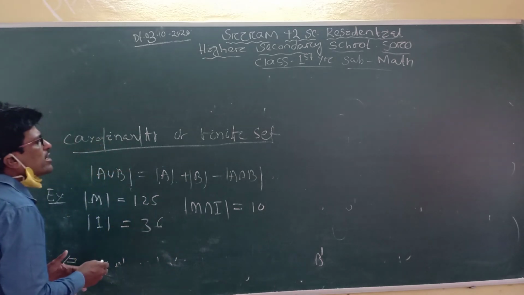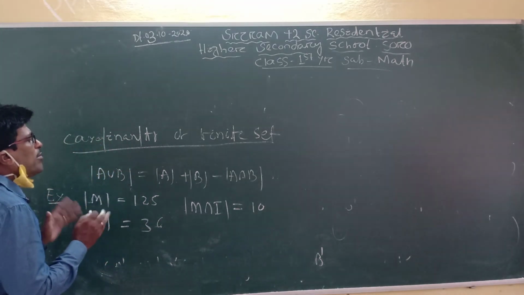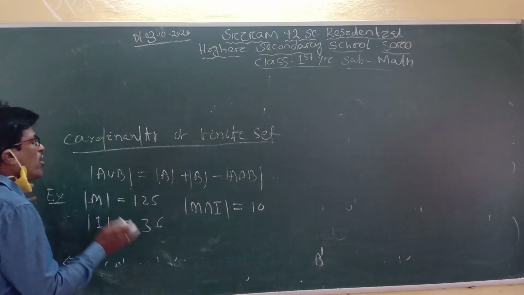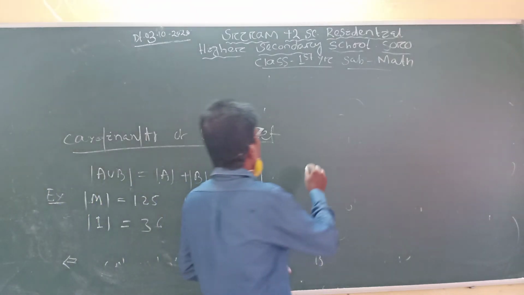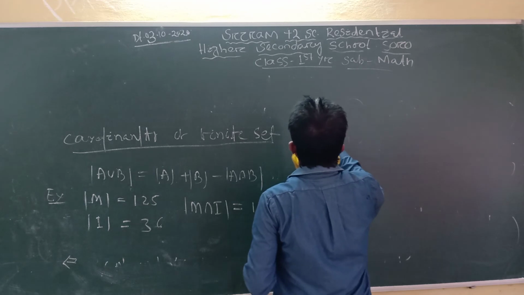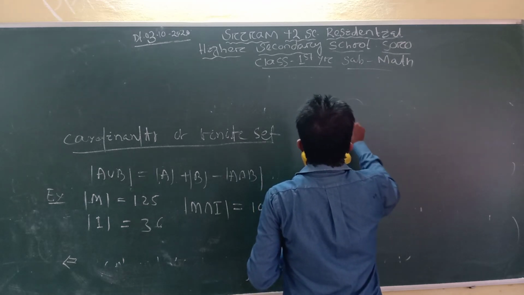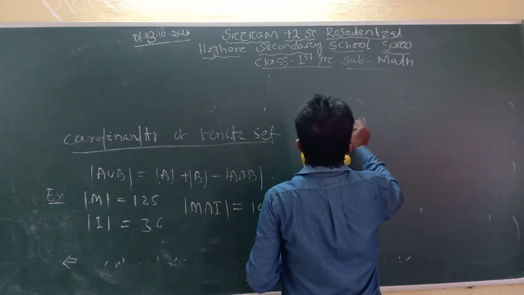Then the question: how many students are not taking either mathematics or IT? You have the total number of students as 150 in your college.